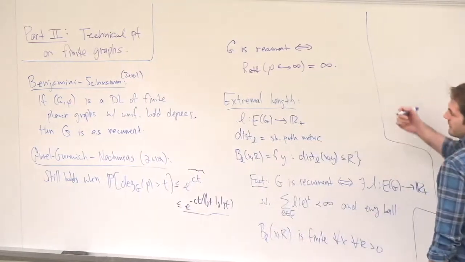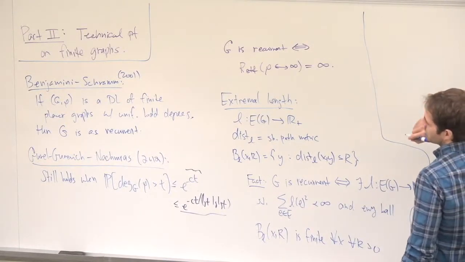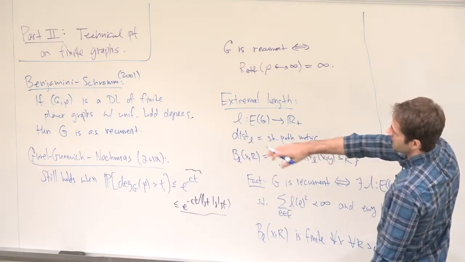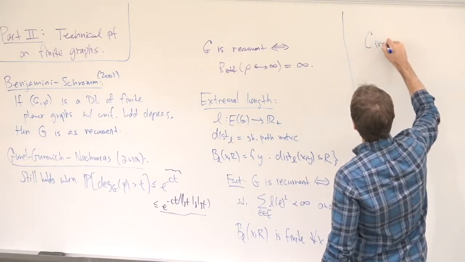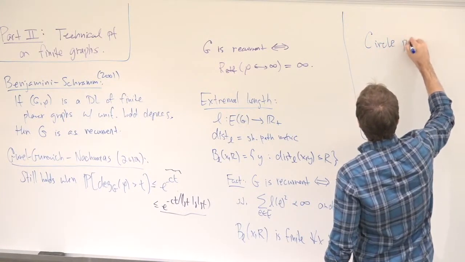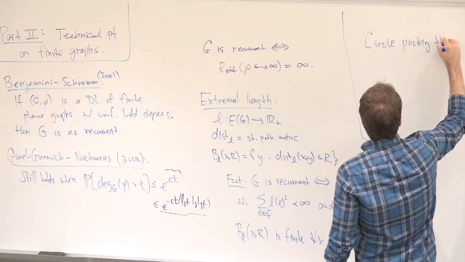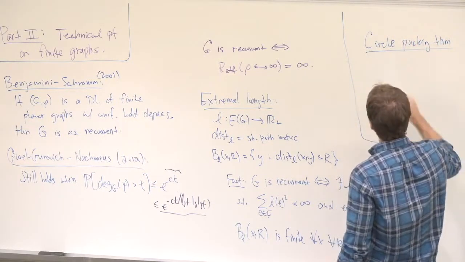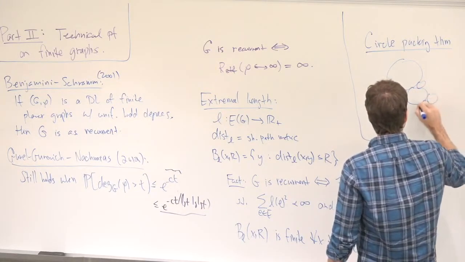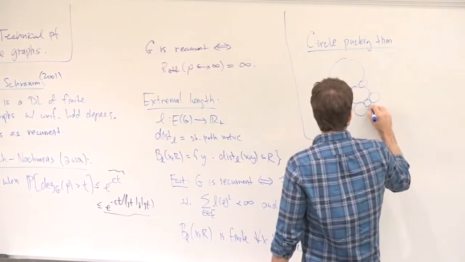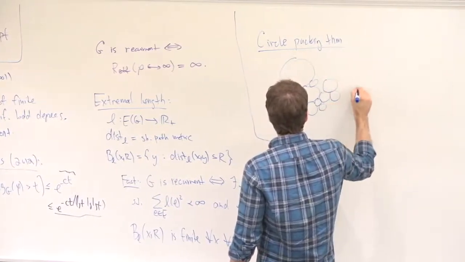Now you need to endow these things with some geometric structure. At the moment, they're just graphs, but they're planar. So then you use the circle packing theorem, which says that every planar graph, let me just draw a picture, is the tangency graph of some circle packing.